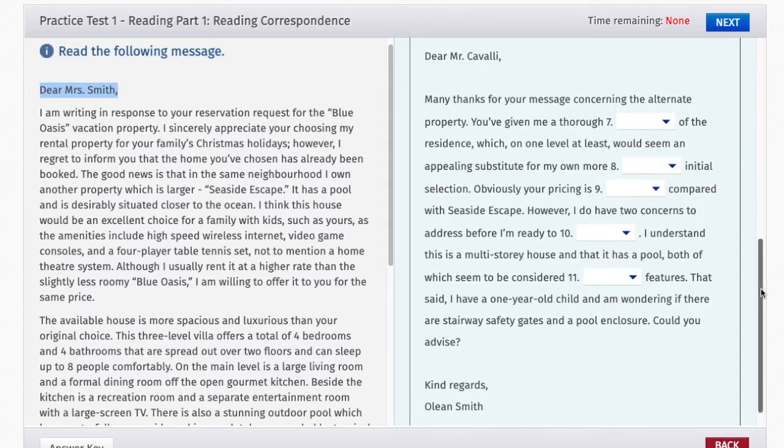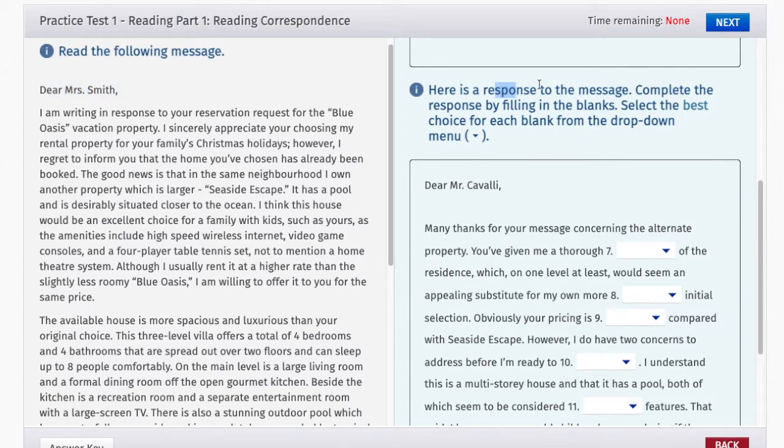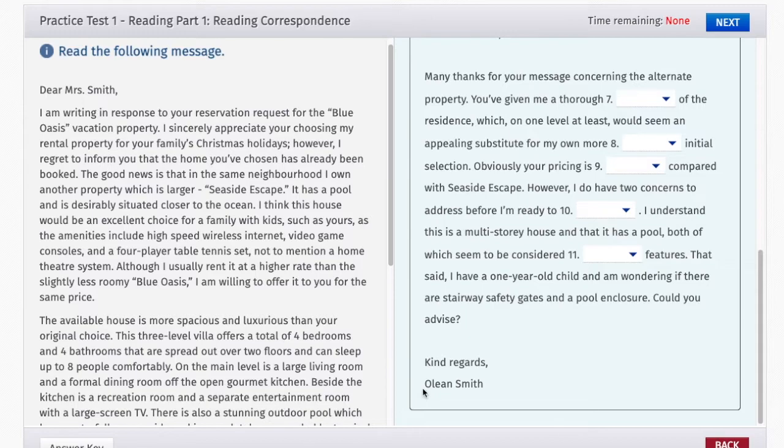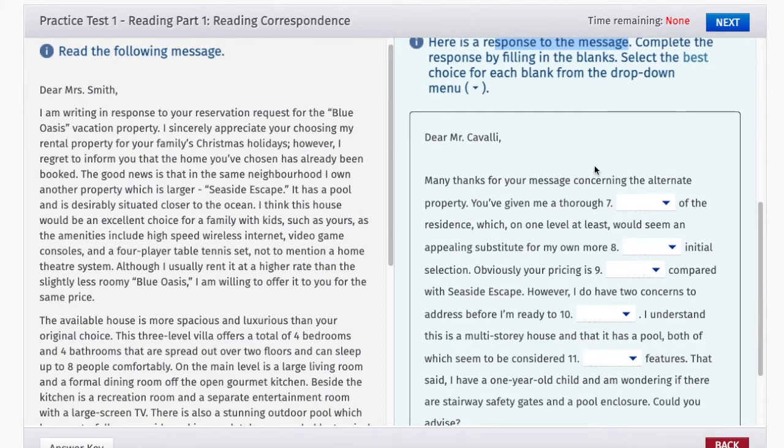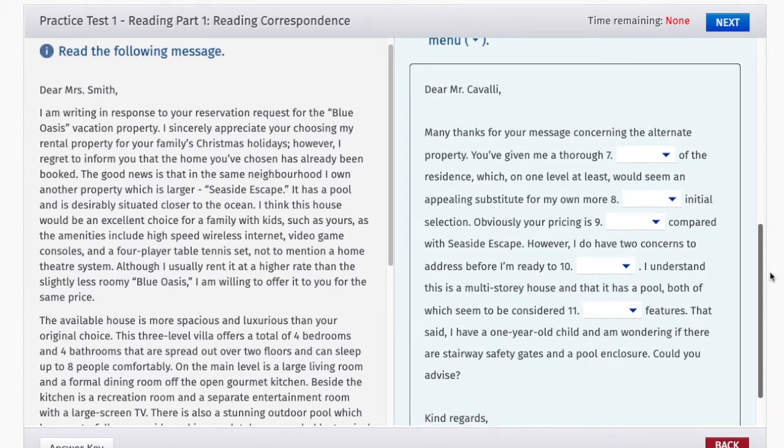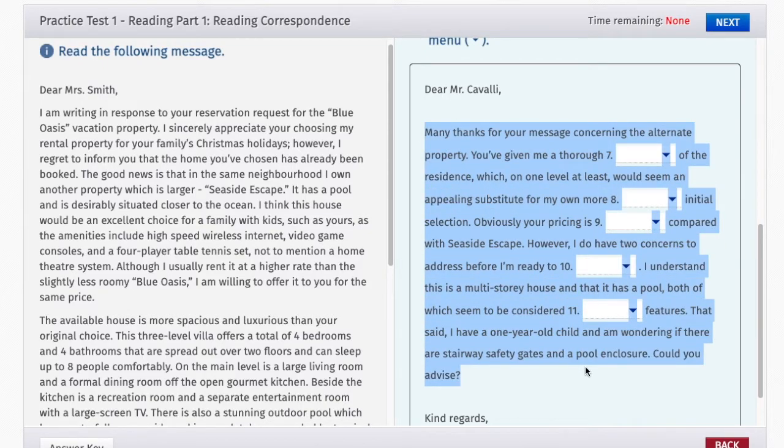In the response message, it's Mrs. Smith writing to Mr. Cavalli. So that's very important to keep in mind because it will help us understand the context of this response message more clearly.